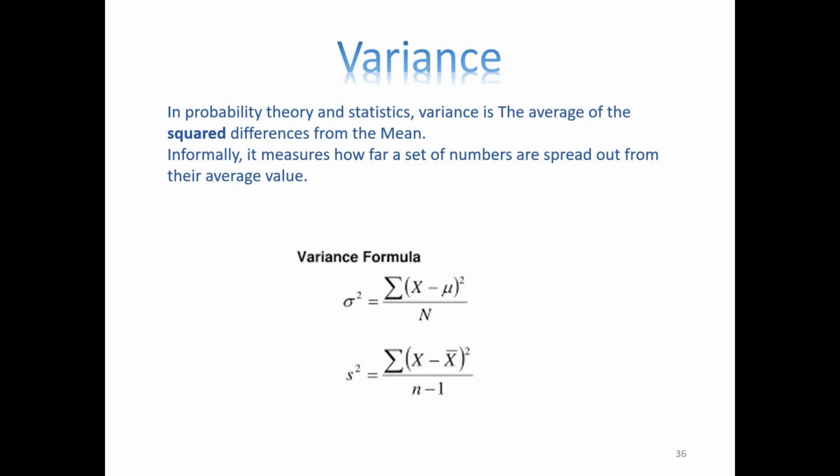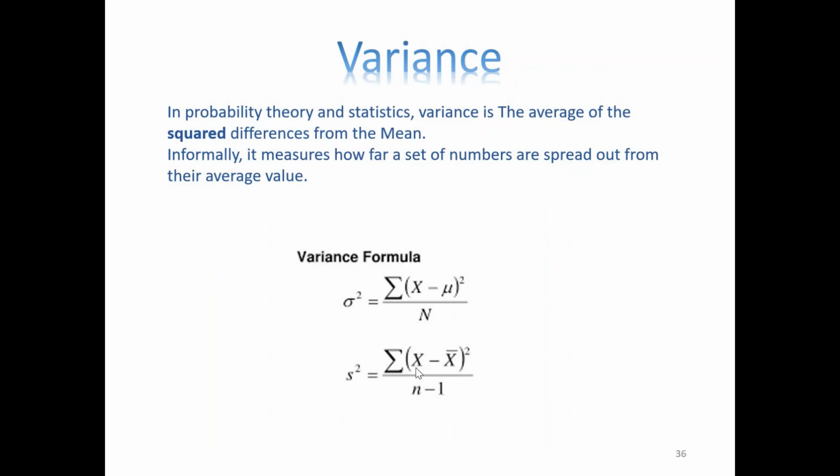To get rid of this particular difference, we add a minus 1 in the denominator for the sample, which would in turn increase the sample's standard deviation and sample's variance.